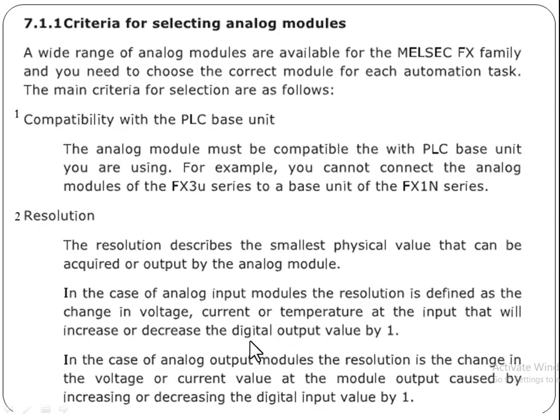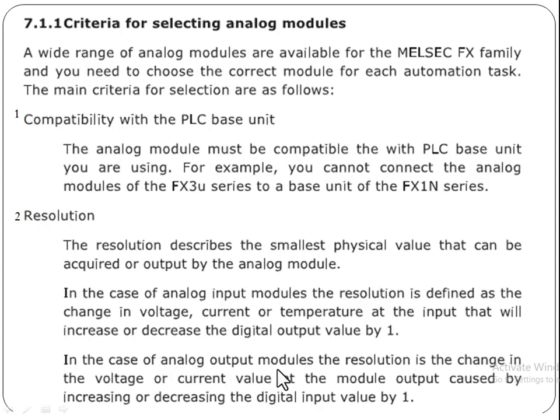If we increase the voltage, current or temperature at the input, then it will generate a value of 1. When we increase it further, the value will become 2. In a similar way, if we decrease the voltage, current or temperature at the input, the value at the output will decrease by 1, and in a similar fashion it goes down.